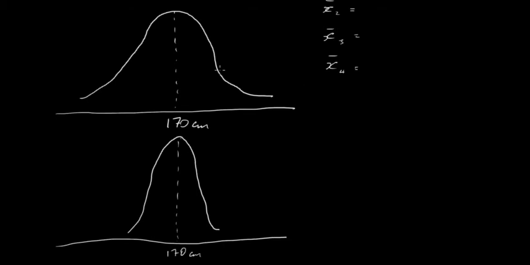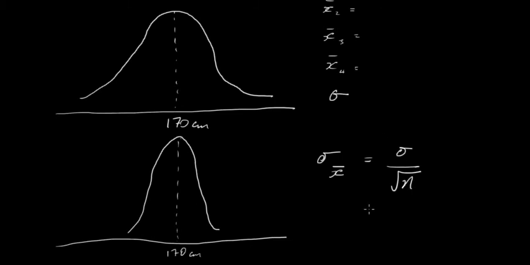The standard deviation of our population is given by this symbol here. The standard deviation of our sample means is given by this formula here: standard deviation divided by the square root of n. This here is the standard deviation of our population. This here is whatever sample size we took.